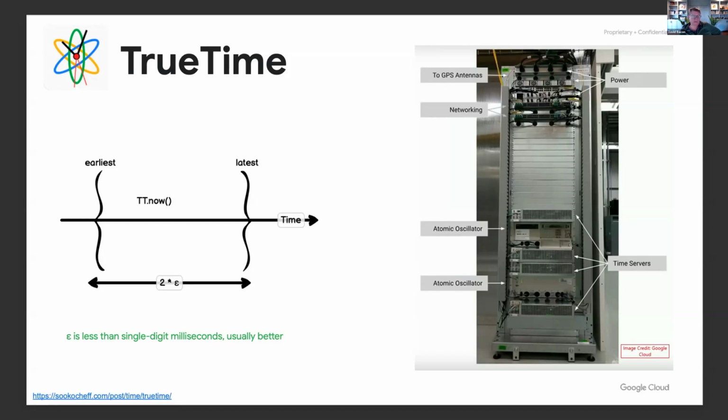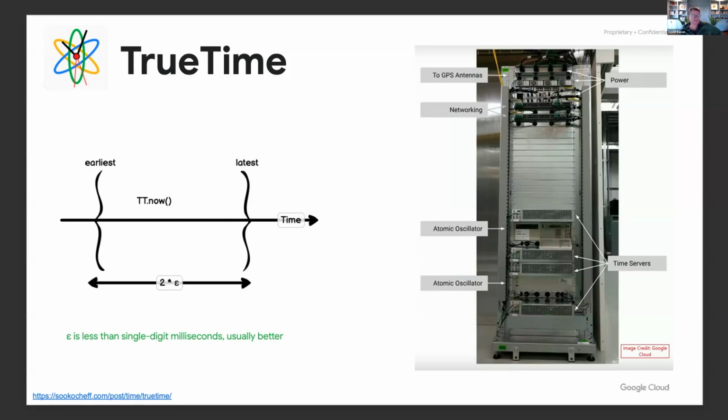So the fundamental thing about TrueTime is it doesn't tell you the time, it tells you the range in which the time is. So there's this thing called epsilon, which is the potential error. And when you make a call to TrueTime and you ask, what's the time now?